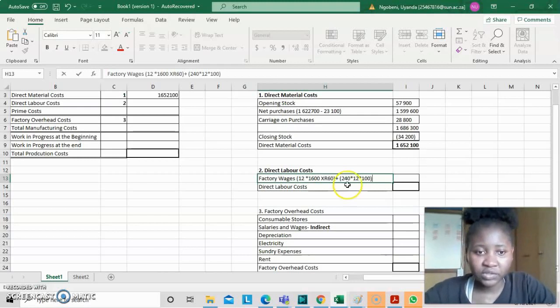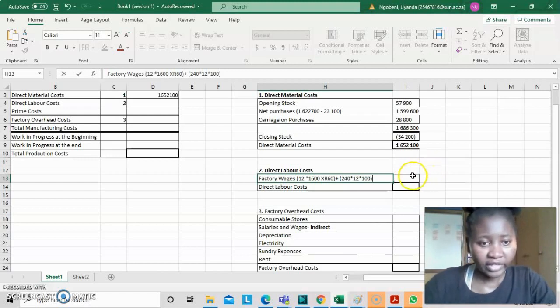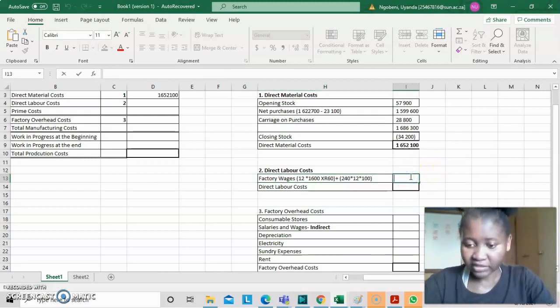If you add this together, this is the amount that I'm getting.